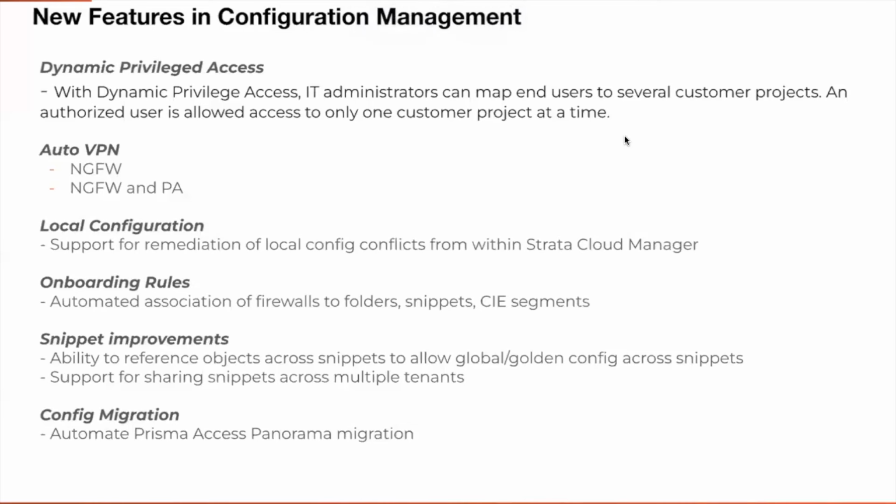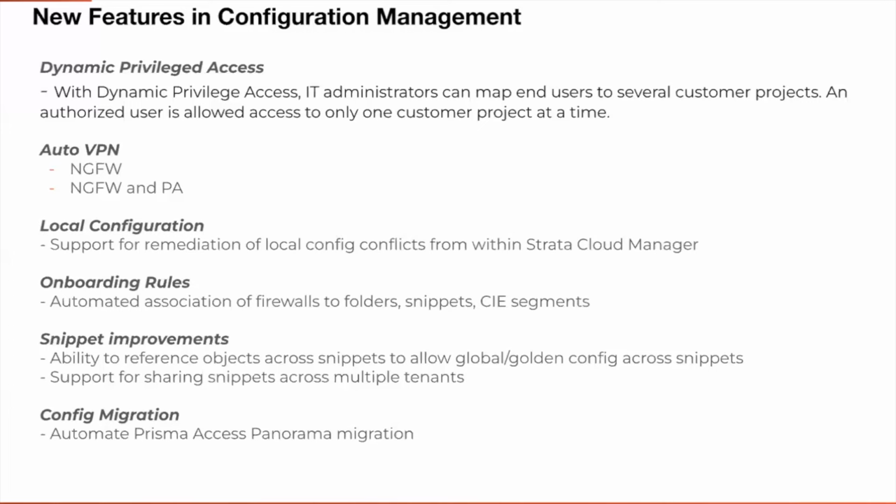Obviously, Strata Cloud Manager is a management platform. We started off with managing Prisma Access. Late last year, we introduced the capability of managing next-gen firewalls as well. One of the things we saw was that, as a management solution, we want to address next-gen firewalls which are deployed at scale, and one of the use cases was the branch and data center deployments.